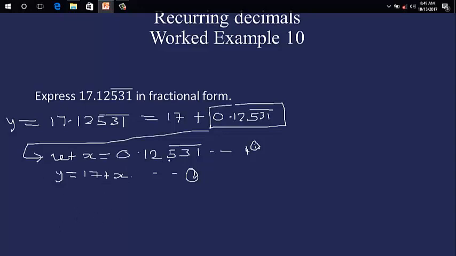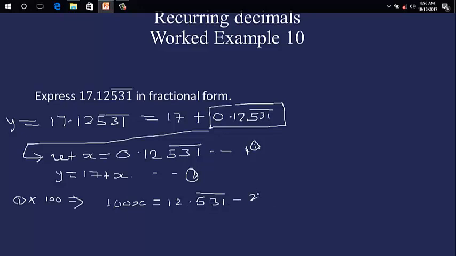Now let's change the x to a rational number. Like we know, we cater for the non-repeating part first by multiplying equation 1 by 100. This will imply that 100x is equal to 12.531 recurring. So this is our equation 2, and we need to cater for the repeating part now.